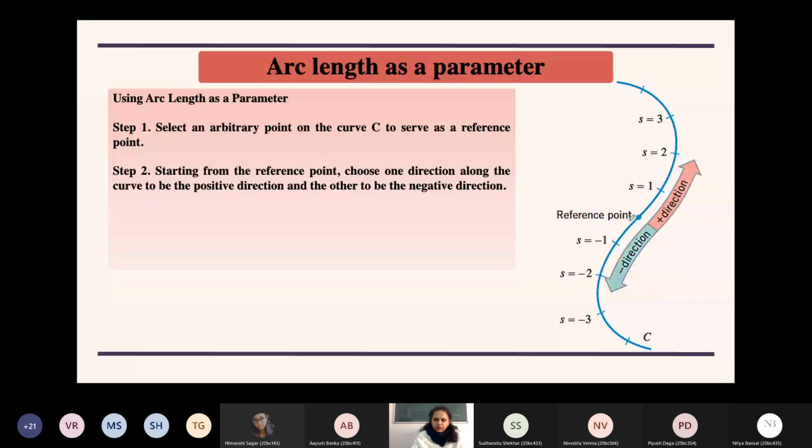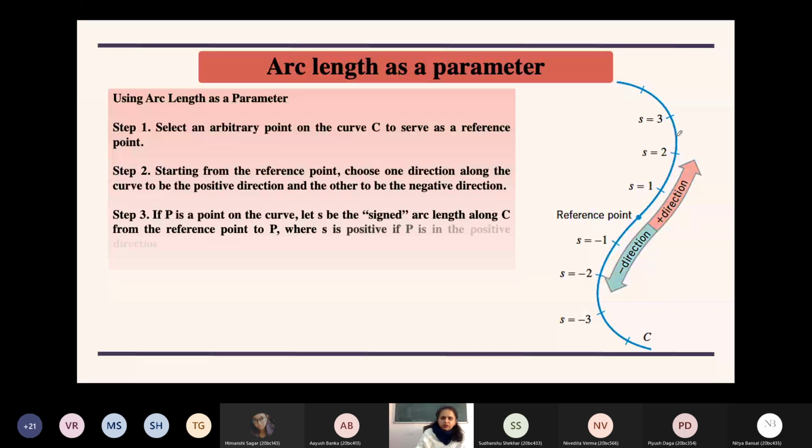So on this curve now, if I have to locate any point P, suppose I just place it here somewhere. Now I will get to know the coordinates of this point P when I graph this in my coordinate system. I can find the coordinates of point P once I know the arc length, or the distance along the curve from the reference point to this point P. And also I should know the direction.